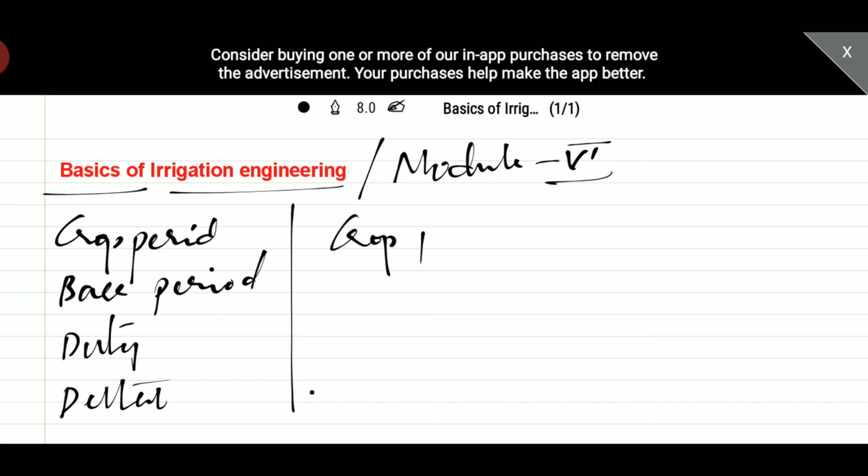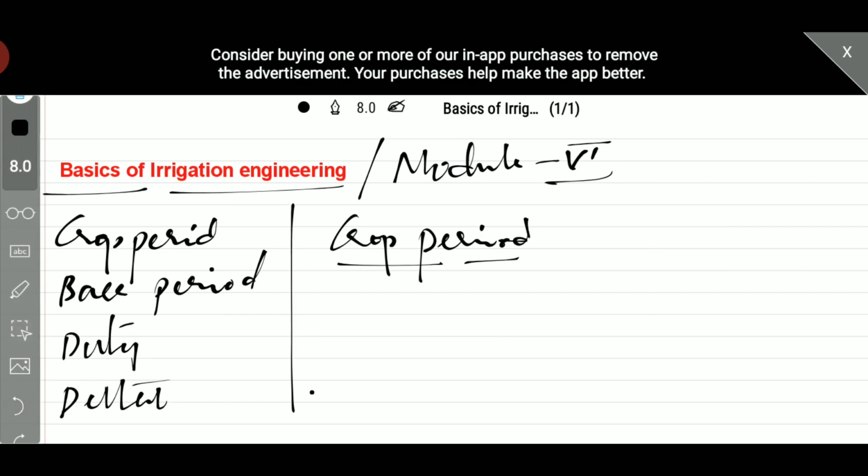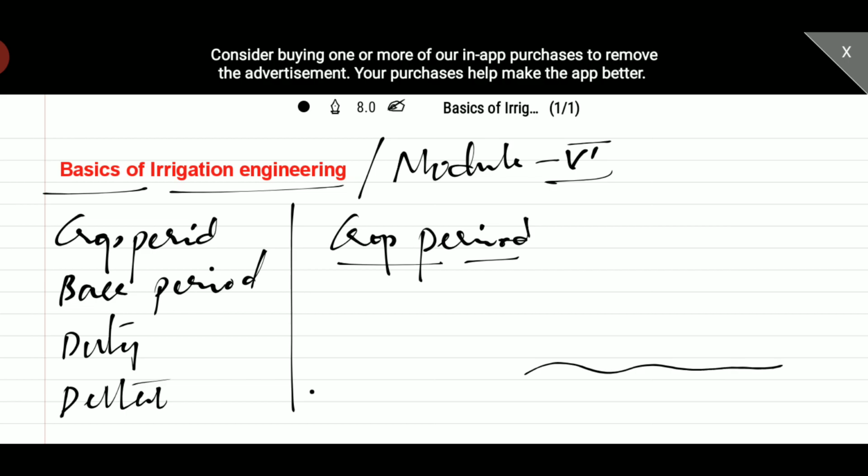What is meant by crop period? Right. So crop period is defined. For example, there is a land which will be initially prepared. First stage is preparation and later we'll go for the sowing, right?